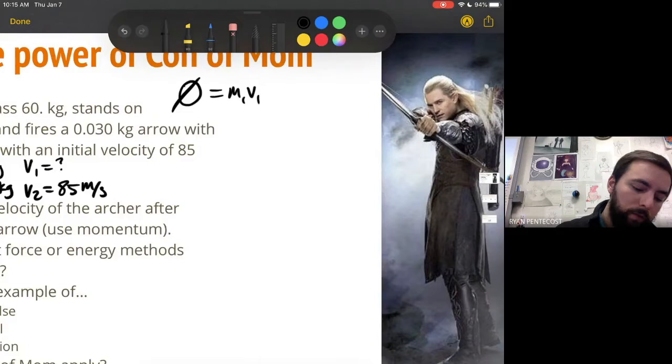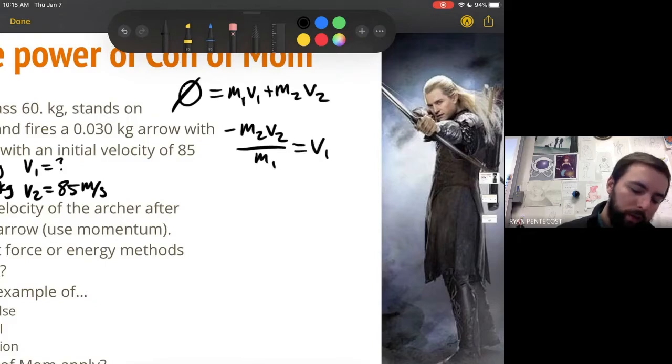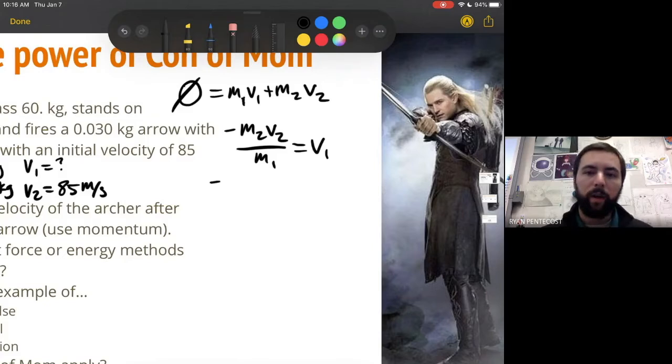You get M1 V1 plus M2 V2. Now, if you want to solve for V1, you would subtract M2 V2 and divide by M1 to get that velocity. So we're going to take the negative momentum of the arrow and divide by the mass of the archer.